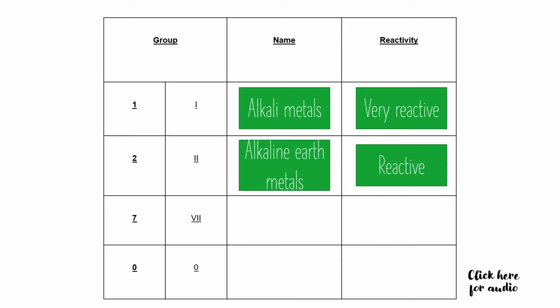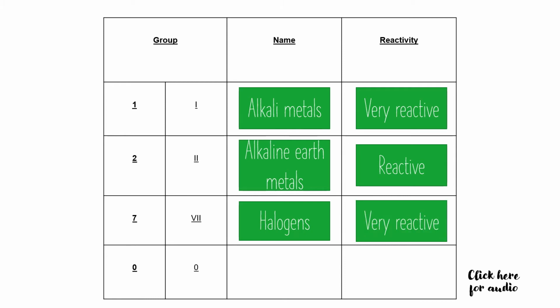Group 7 then is also known as the halogens, a strange name, but they're called the halogens, and they are the most reactive nonmetals. The reason for this is they have 7 electrons in their outer shell. So think about it. They only need to have 8 to have a full outer shell. So they only need one more. So they don't have to do an awful lot, which makes them very reactive. So they're the halogens and they're described as very reactive.